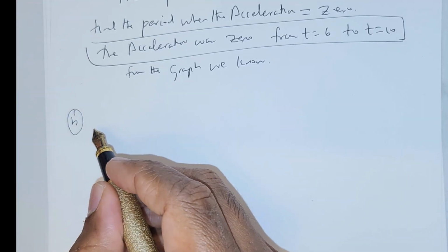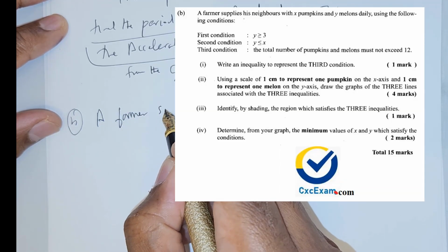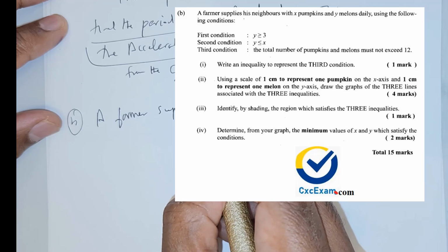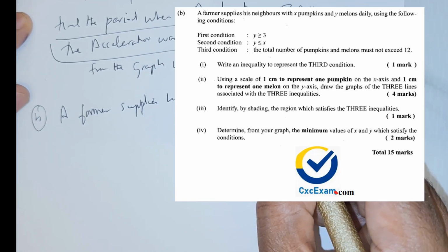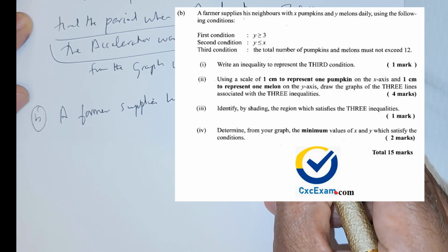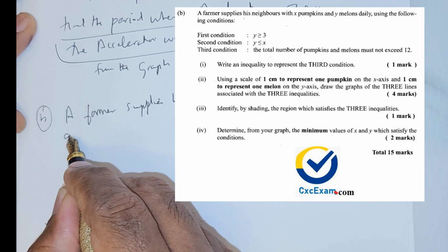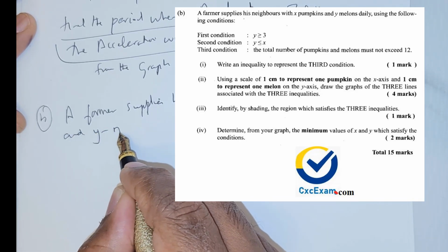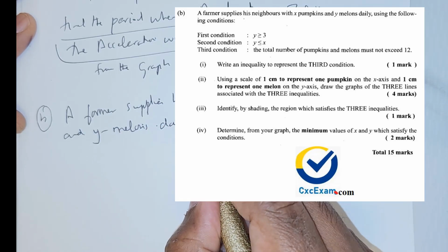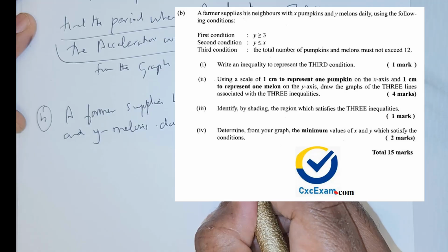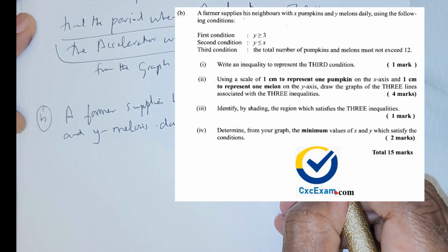Now this is part B. A farmer supplies his neighbors with x pumpkins and y melons daily using the following conditions.